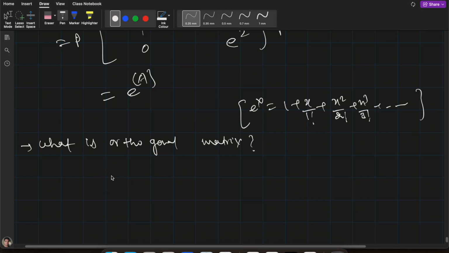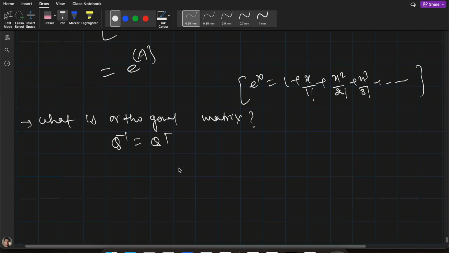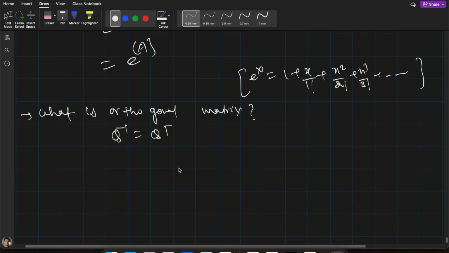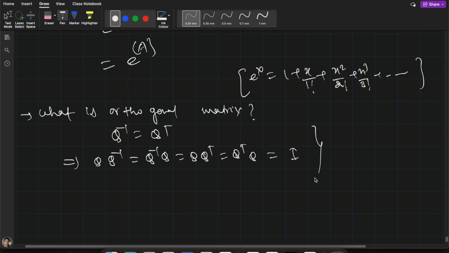Perfect. Okay, so which means that if Q inverse equal to Q transpose, then that matrix will be called what? Orthogonal matrix. Which means that Q inverse Q equal to Q transpose Q, all are identity matrix. That is called orthogonal matrix.